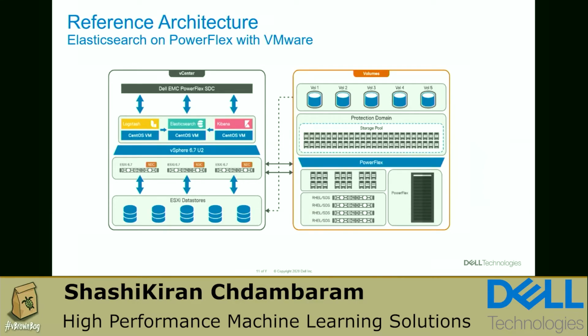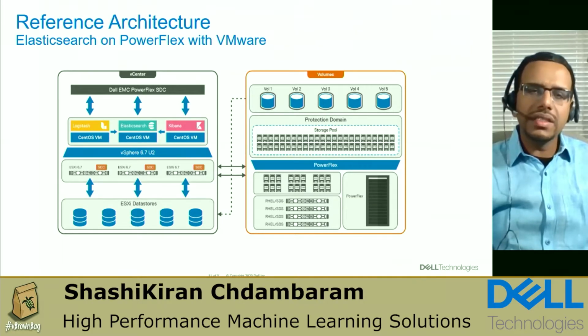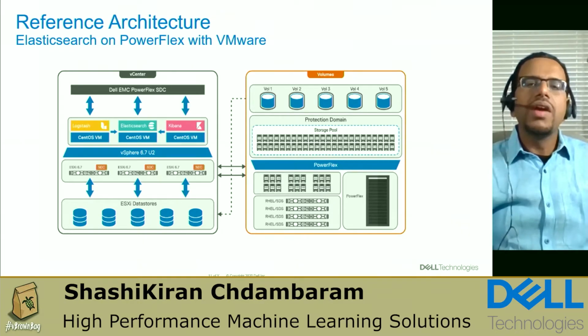We worked very closely with the Elastic team and validated a solution wherein PowerFlex was used as the storage infrastructure, and with the VMware hypervisor, we used Kubernetes containers on top of the hypervisor to deploy the entire Elastic Stack components, which are Logstash, Elasticsearch, and Kibana. All those components which I explained previously were deployed on top of virtualized VMs, and ESXi 6.7 was used here as the hypervisor.